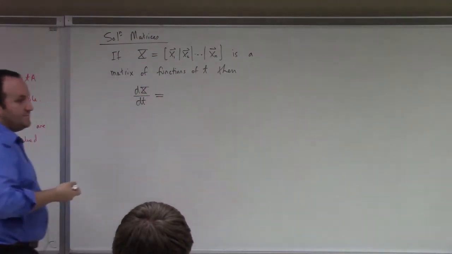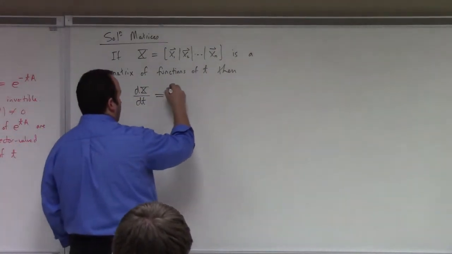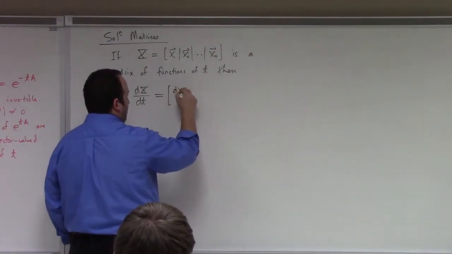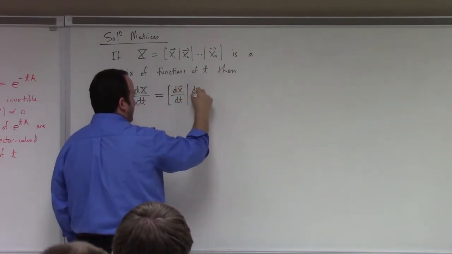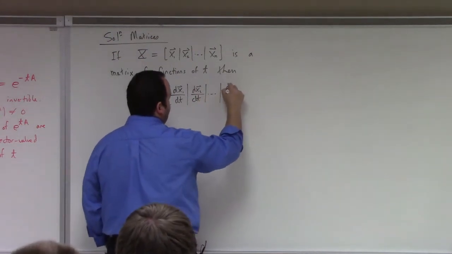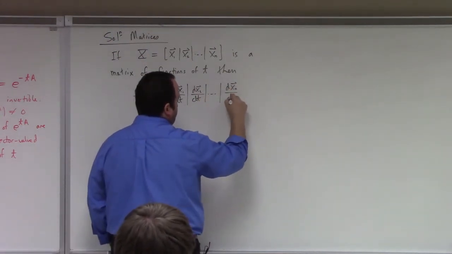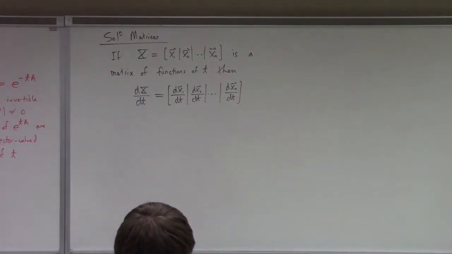The definition of the derivative of a matrix is just that we differentiate each component separately. So what that means is that you could also look at it as differentiating each column separately. So the derivative of a matrix of functions is the matrix of derivatives.